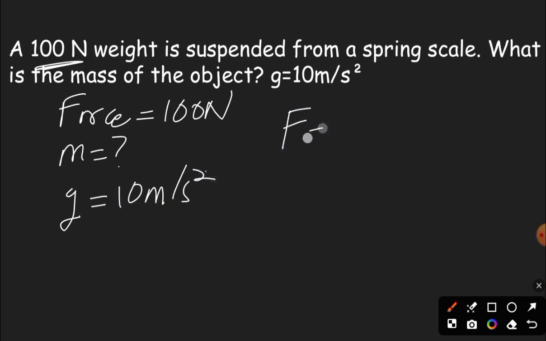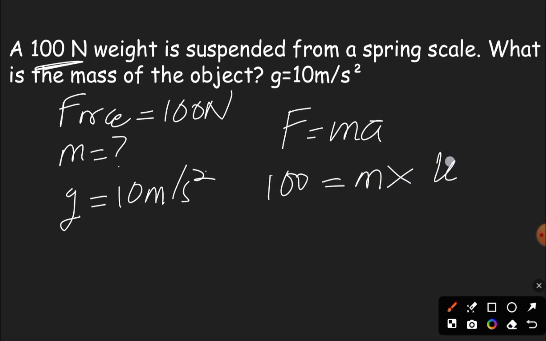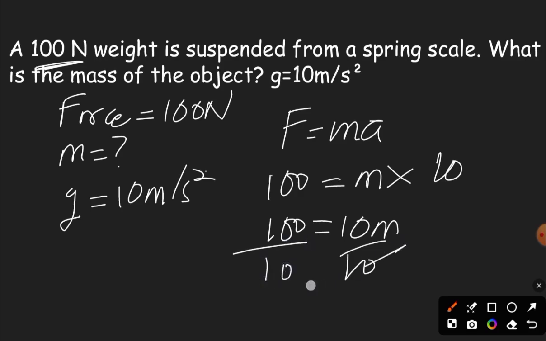So F equals mass times acceleration due to gravity. Our force is 100. Our mass is what we don't know, times 10. So 100 equals 10m. 10 cancels 10. m equals 10. The unit for mass is kilograms, so 10 kilograms.